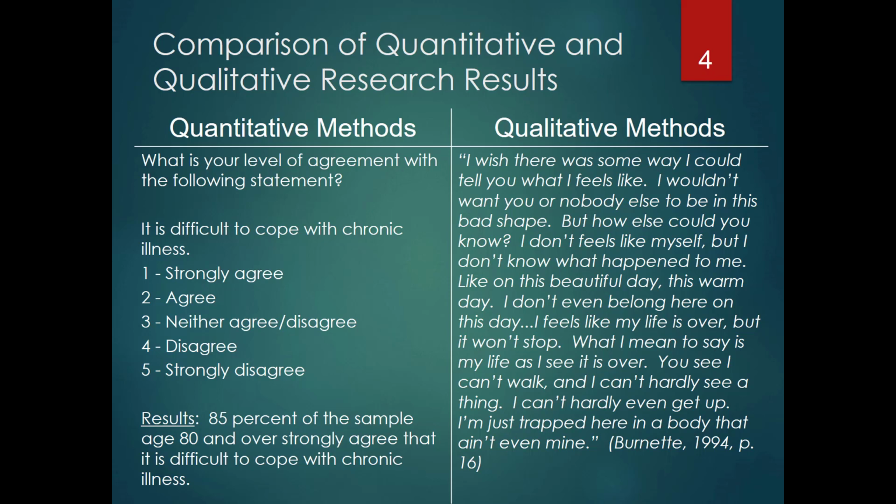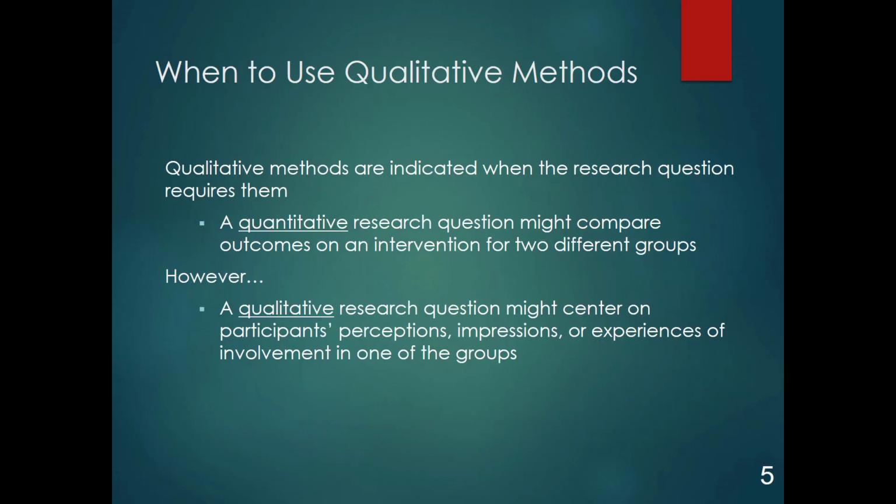So qualitative methods are something you would use when it's exploratory, you don't have much information on the topic, and you really need a deeper understanding of what the client is experiencing. For example, if you wanted to know someone's personal experience with something, then you would use a qualitative method rather than a quantitative method. You would want to let them tell you the story, let them explain what they're experiencing.